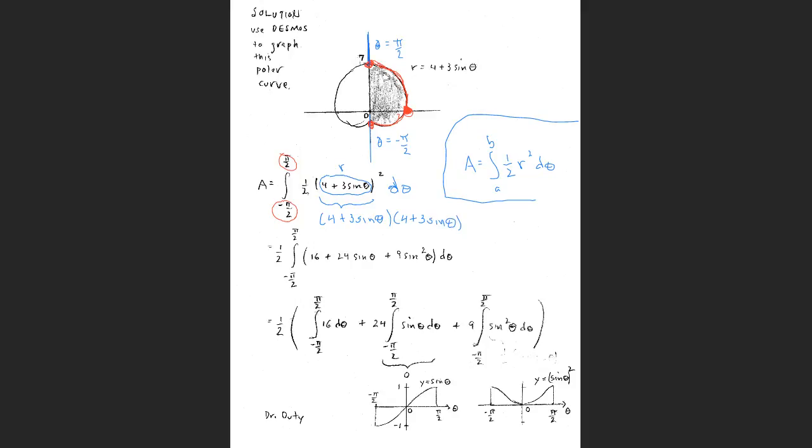And if you FOIL that out, you'll get 16 plus 24 sine theta plus 9 sine squared theta. And I'll mention too, the 1/2 that was inside the integral, part of the integrand, I brought out front.